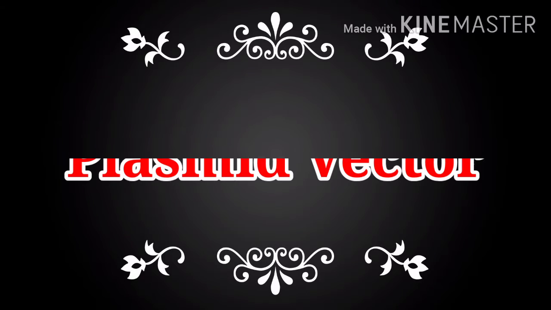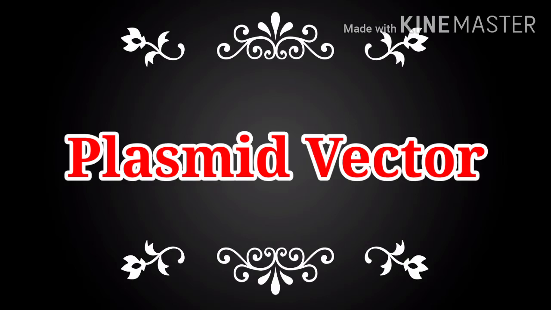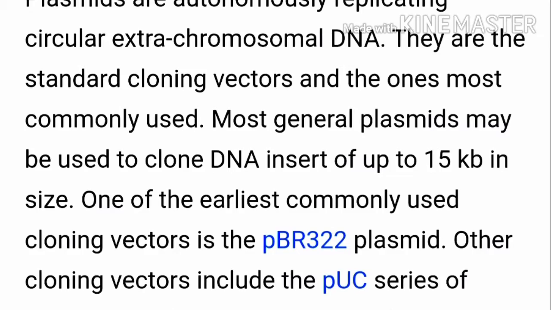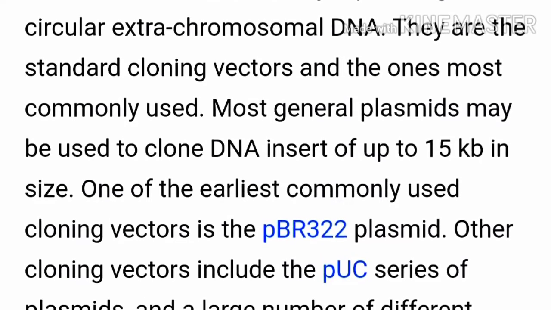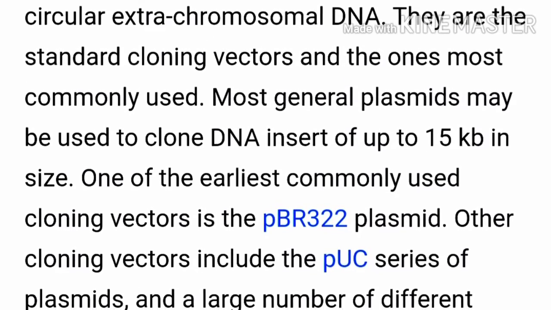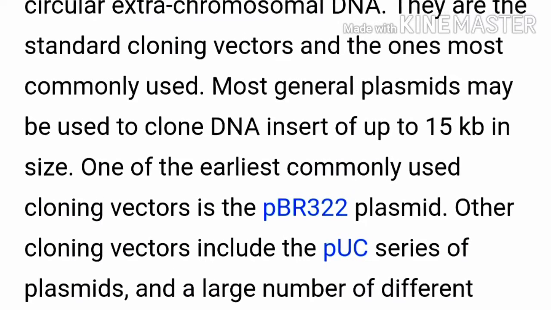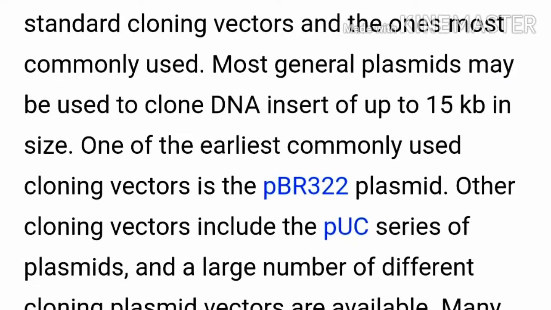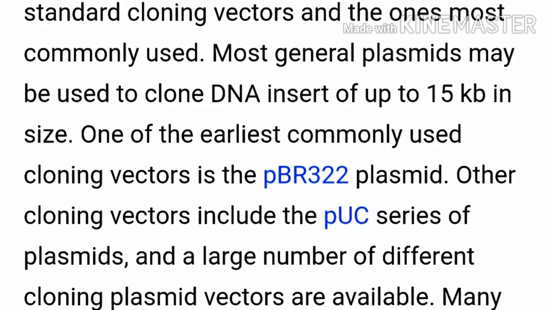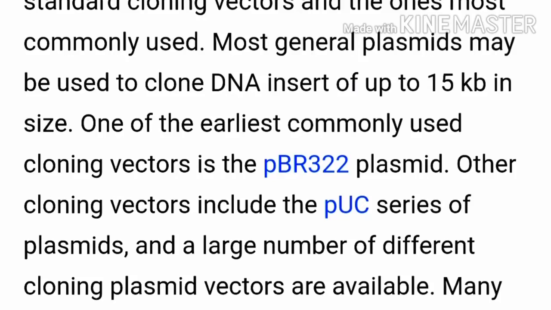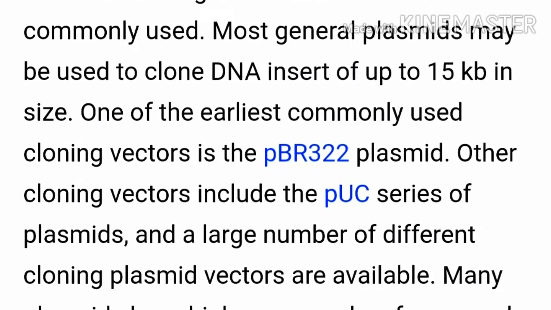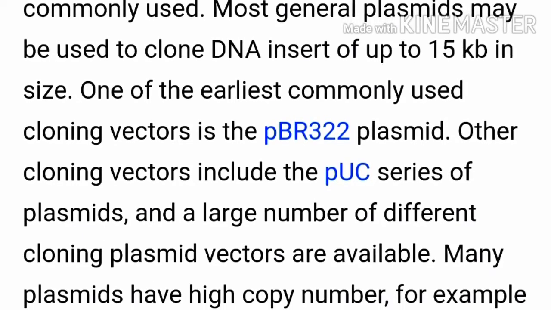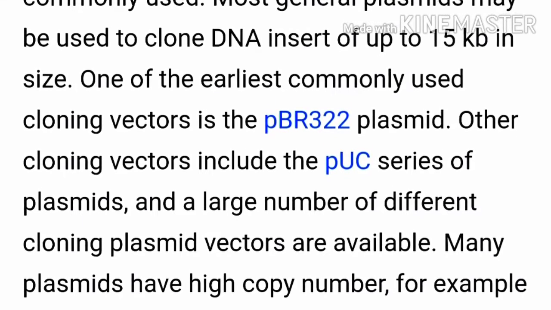At first, the plasmid vector. Plasmids are autonomously replicating circular extrachromosomal DNA. They are the standard cloning vectors and the ones most commonly used. Most general plasmids may be used to clone DNA inserts up to 15 kb in size.